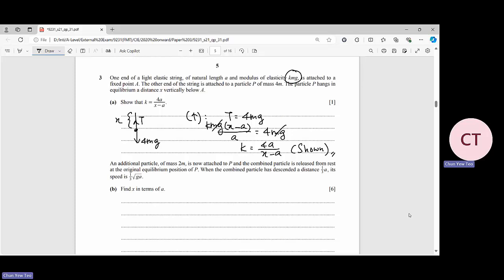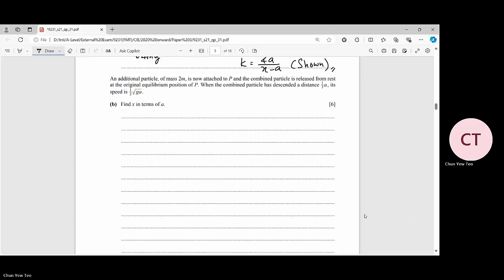Move on to part B. In addition, a particle of mass 2m is now attached to P, and the combined particle is released from rest at the original equilibrium position of P. When the combined particle has descended 1/3 a, the speed is 1/3 square root of ga. So now, this is the original length.